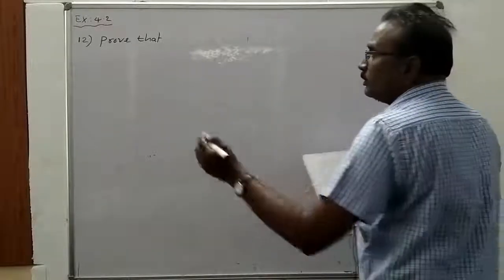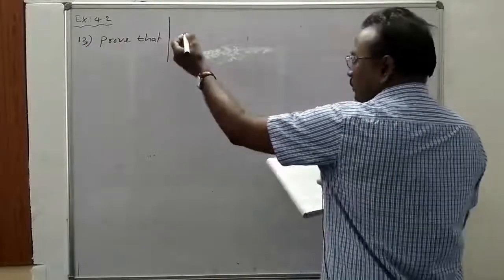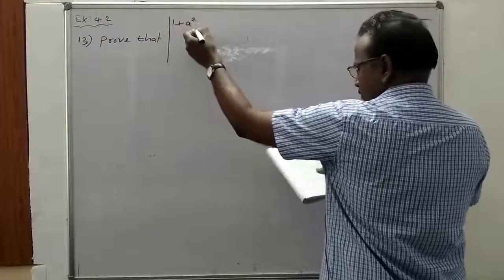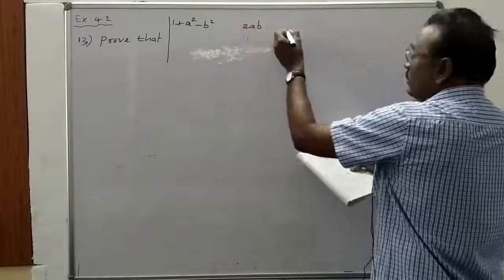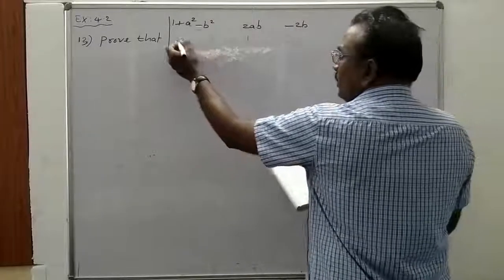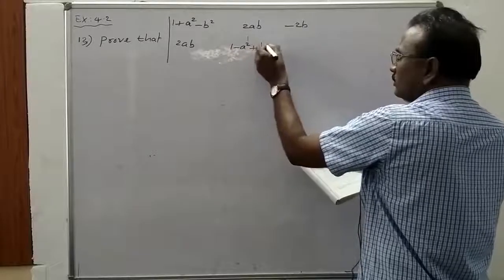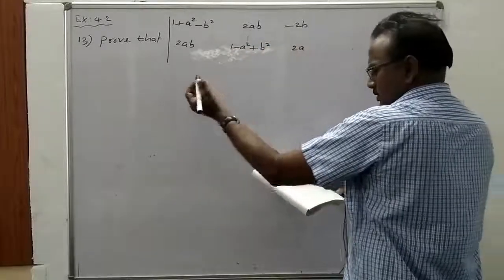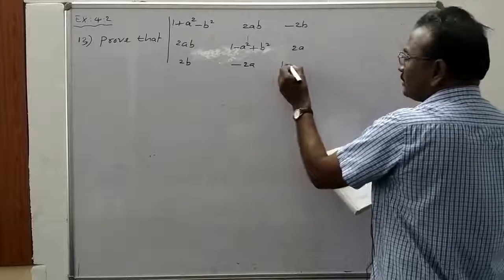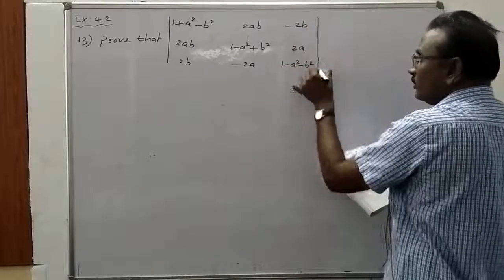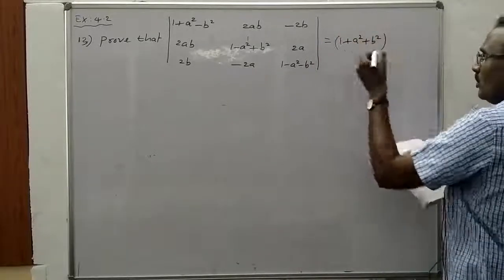Question number 13. Prove that determinant of 1 plus a square minus b square, 2ab, minus 2b; 2ab, 1 minus a square plus b square, 2a; 2b, minus 2a, 1 minus a square minus b square, value is (1 plus a square plus b square) whole to the power of 3.